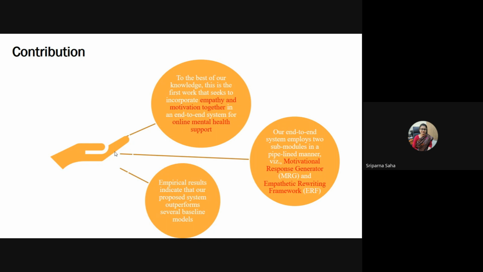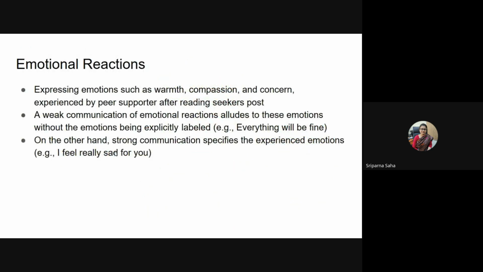Our previous module was also generating motivational responses, and then that is passed through an empathetic rewriting module. This module inserts empathetic components and makes the response more empathetic. Empirical results indicate that our proposed system outperforms several baselines.